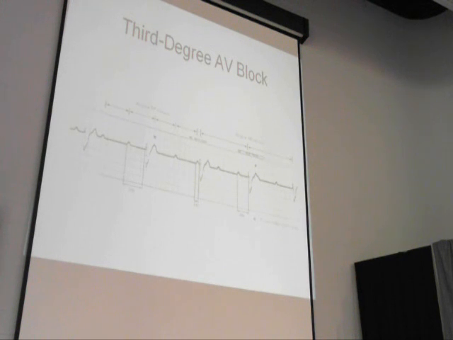So first degree AV block is related to that PR interval, that QRS. Second degree type 1, Wenckebach, not a big deal really. Progressive lengthening of the PR, you have one dropped beat by itself, but there aren't enough of them to make a difference in our overall heart rate.